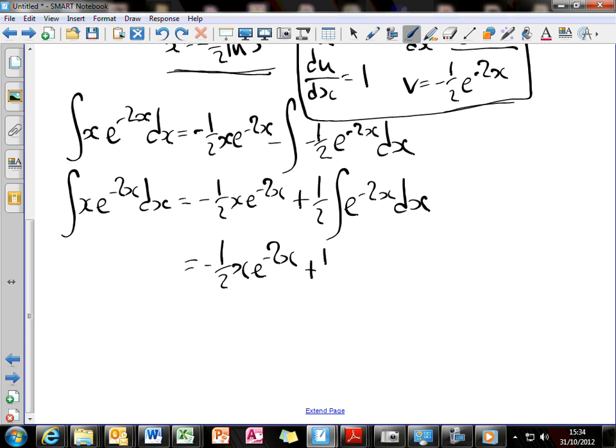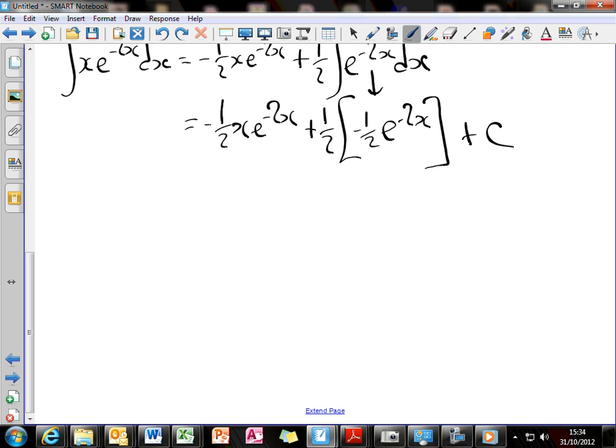So it's going to be plus 1/2 times minus 1/2 e to the minus 2x, and this has got a plus c on the end. So let's try and string this all together. This is minus 1/2 x e to the minus 2x minus 1/4 e to the minus 2x plus c.